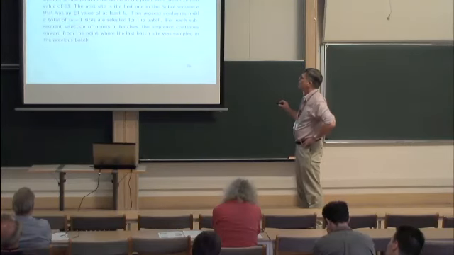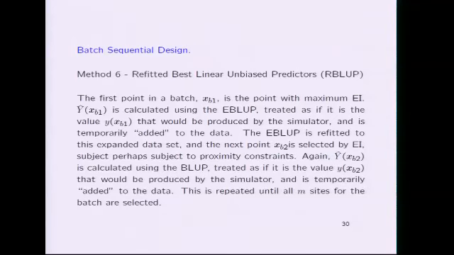So that's a possibility. Another possibility, and I think Alex may have referred to something like this in his talk: what if the first point that I get that has the highest expected improvement, I evaluate my emulator at that point and pretend that's what the simulator would have given me?